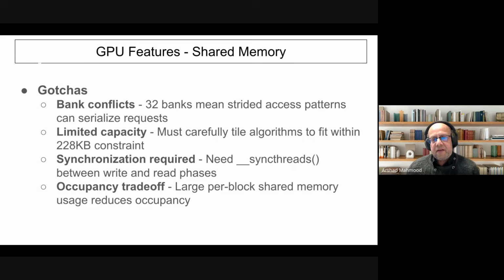If you have bank conflicts, this is going to massively slow down your kernel, because essentially every access to that bank between the threads is going to be serialized. The way to avoid it is to spread your data across the banks. One thread reads from one bank, another thread reads from a second bank, a third thread reads from a third bank, and then all three can be done in parallel.